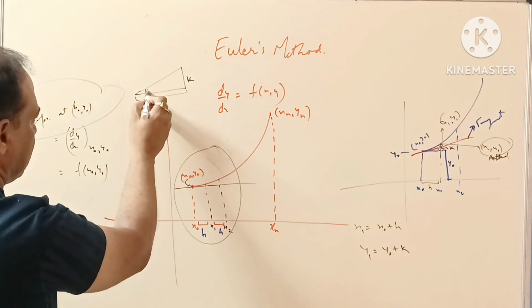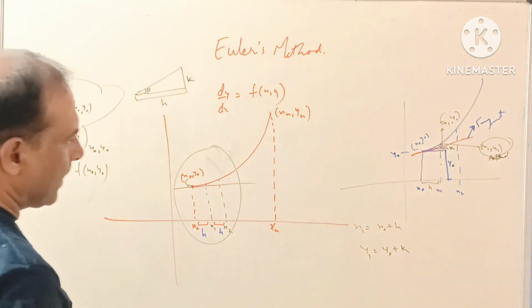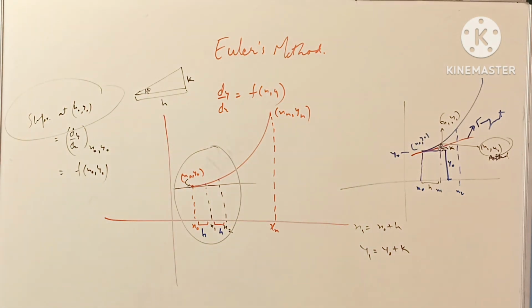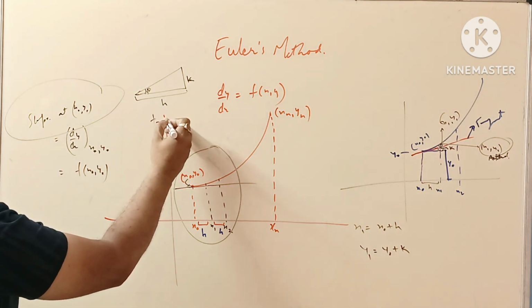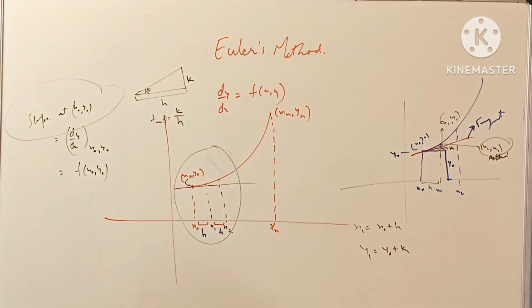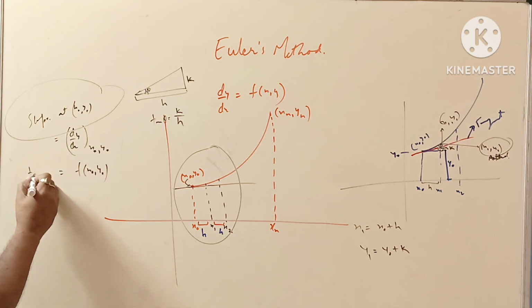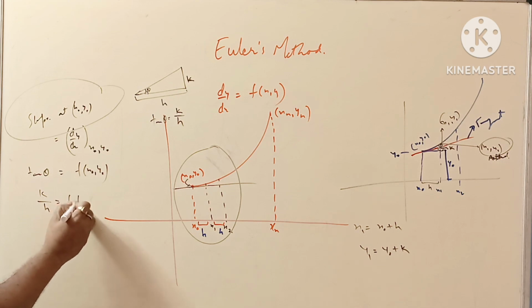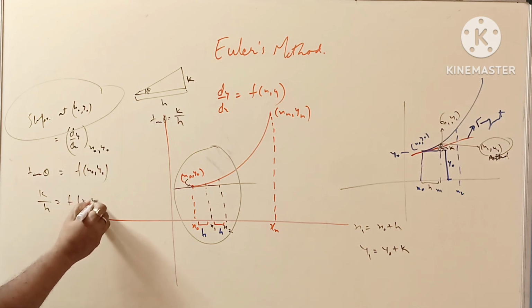Here there will be the angle theta. If I have to find the slope, tan theta is equal to perpendicular over base, k over h. I can also write the slope at x naught, y naught as tan theta. Now this gives k over h is equal to f of x naught, y naught.